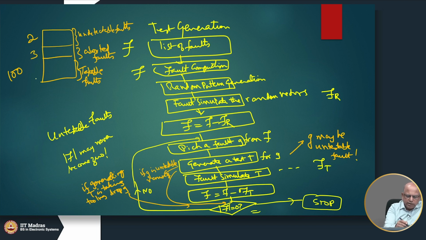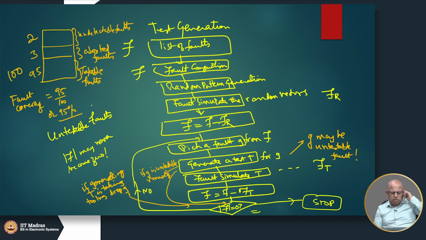So, I have 95 guys which are testable, and I was able to find vectors. Then I say fault coverage is equal to 95 by 100 or 95%. Okay.